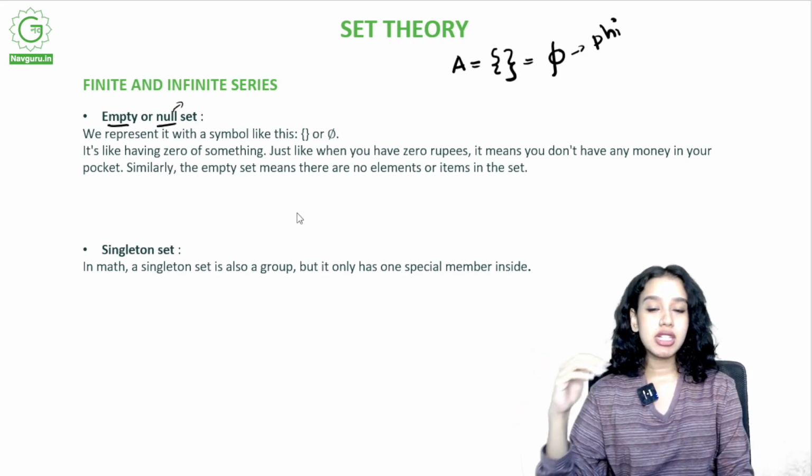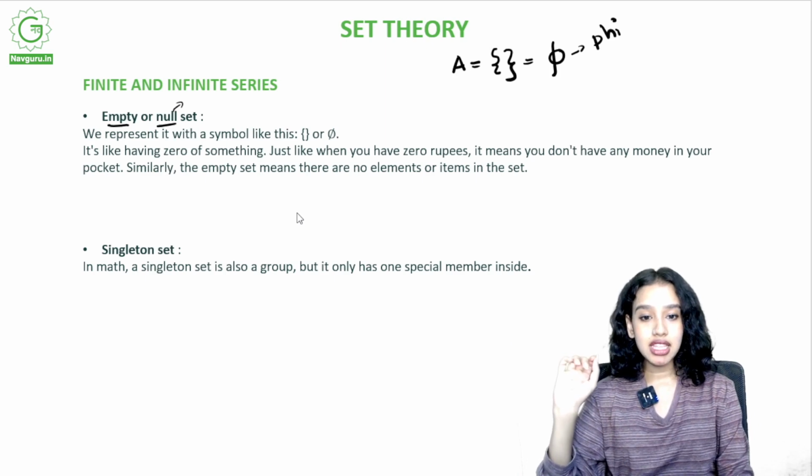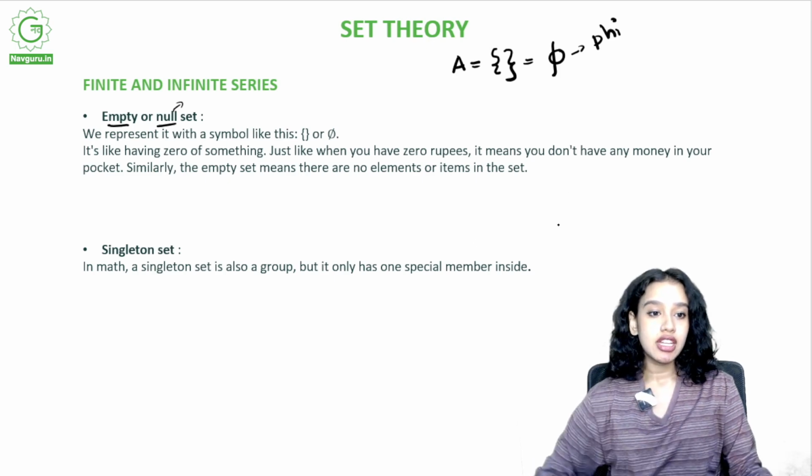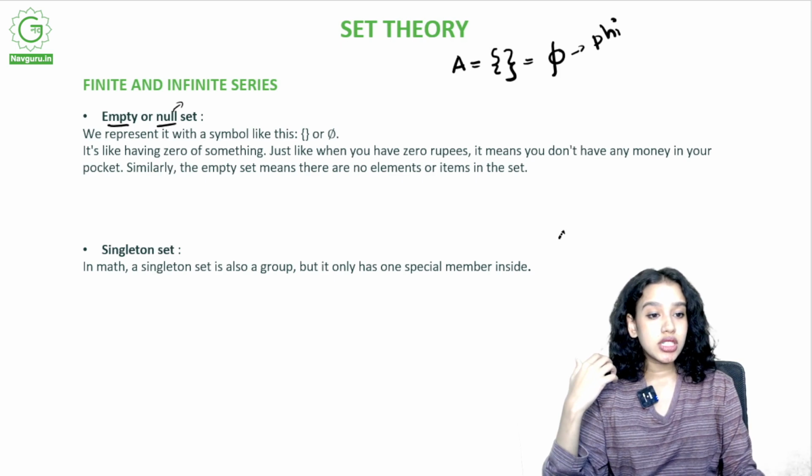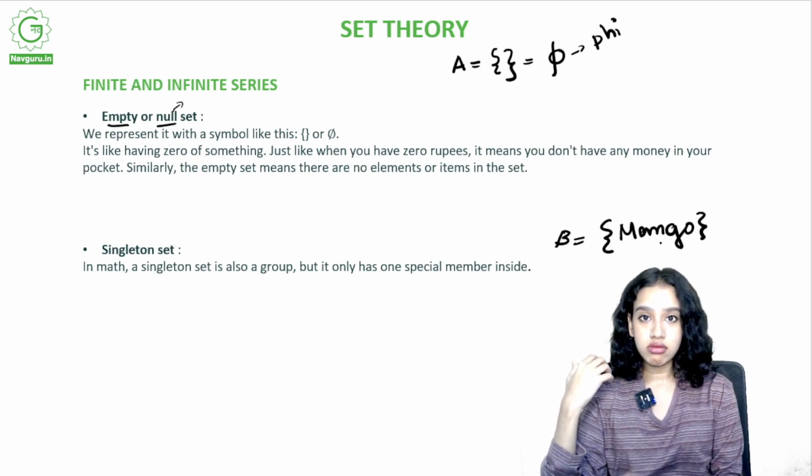Now, let's talk about singleton sets. In math, a singleton set is also a group, but it has only one special member inside, right? Now, if I'm writing the set of my favorite fruit, I'm just saying mango, right?